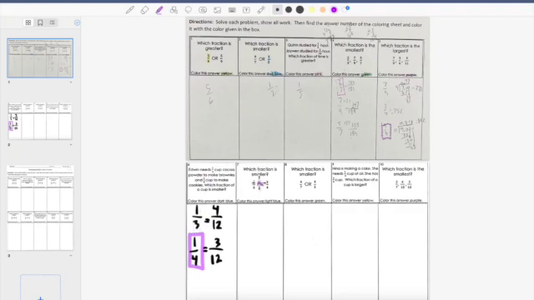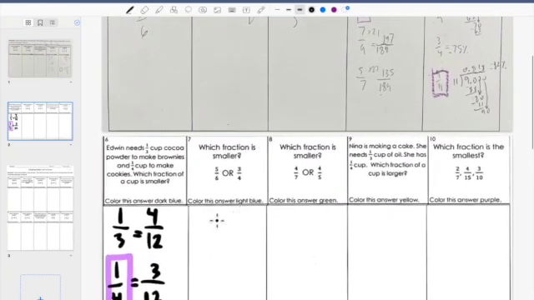And here, if we look at this one here, 5/6 versus 3/4. Which fraction is smaller? Okay? So let's get right into it. Want to find the least common denominator, which is 12 again.